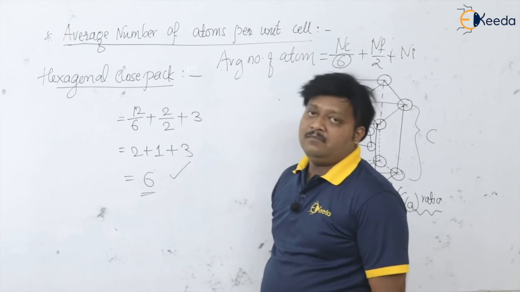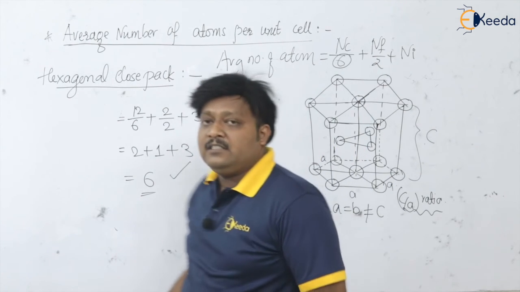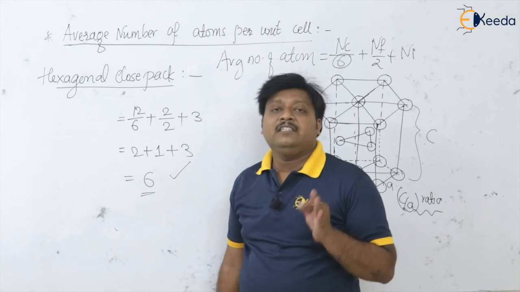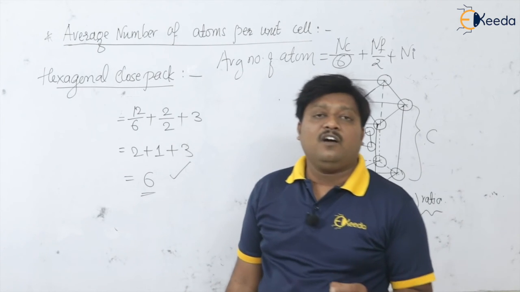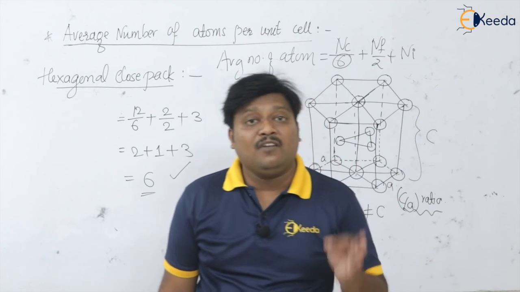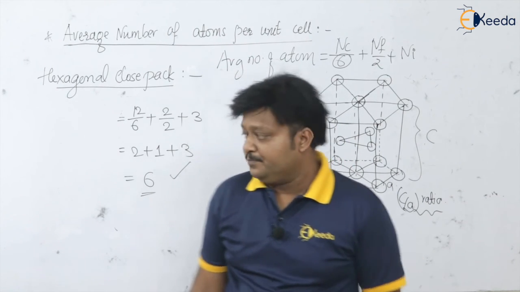So effective number of atoms for the HCP structure कितने हैं? 6. Okay, so please dear students, in this video what we learn? We learn to calculate the average number of atoms per unit cell, or the effective number of atoms per unit cell.